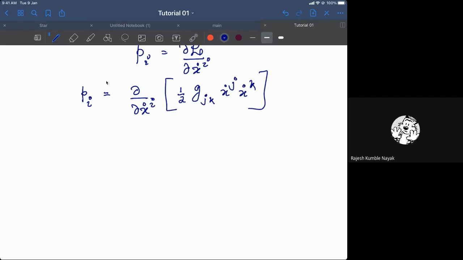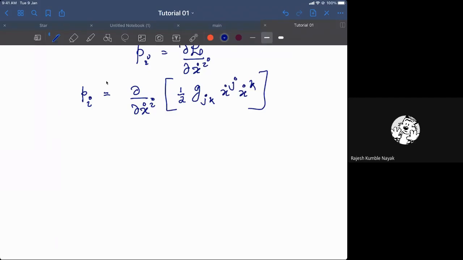I cannot use i because there is a free index here, which cannot be used as a dummy index. Then you will end up in confusion. So the free indices have to be separate from this. And the summation is again here. Dot is a derivative. Dummy indices you can rename as you wish.